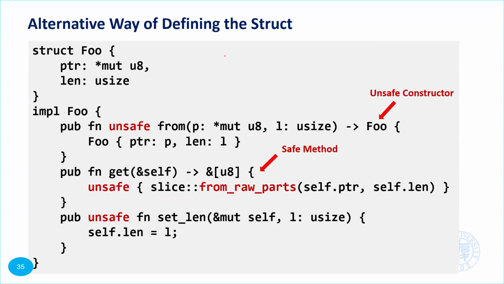We also have an alternative way to define the struct. We can declare the constructor as unsafe and declare the get method as safe.